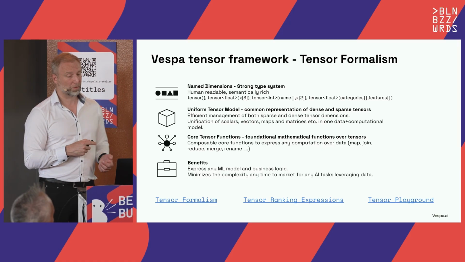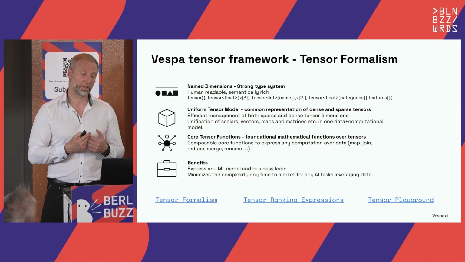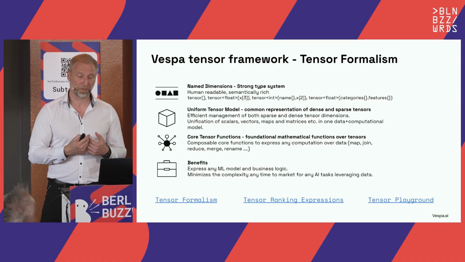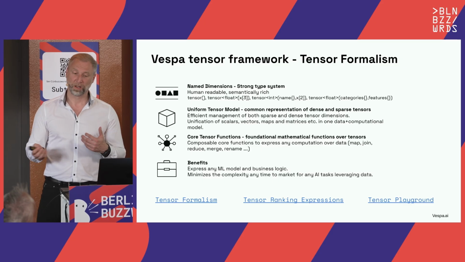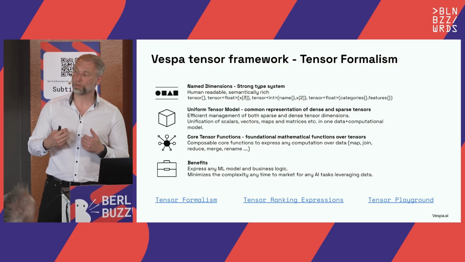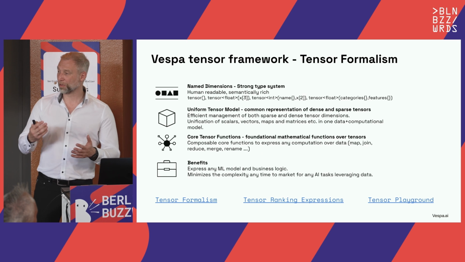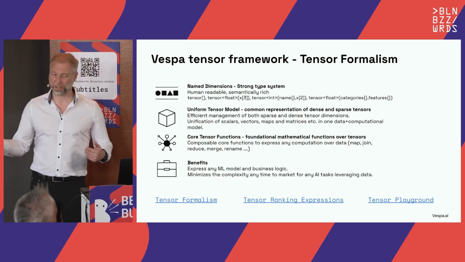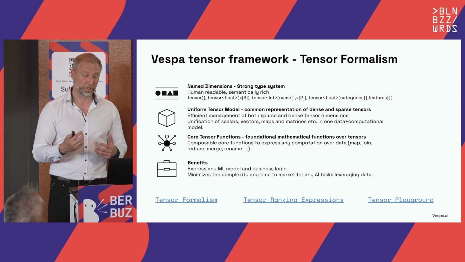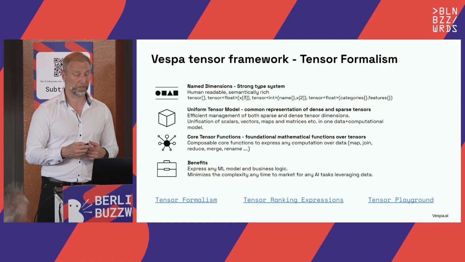Then the uniform tensor model. By having these clear definitions, a really strong type system, we can do sparse or dense vector operations directly where the data is. So that's also shortening the path between data and calculations, which has a heavy impact on performance and latency.